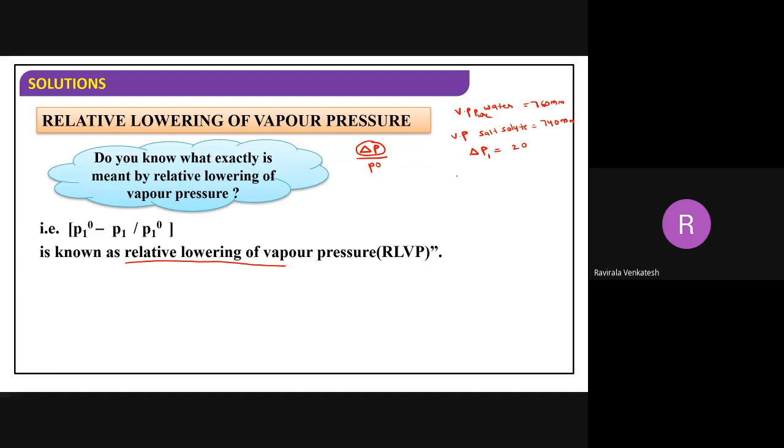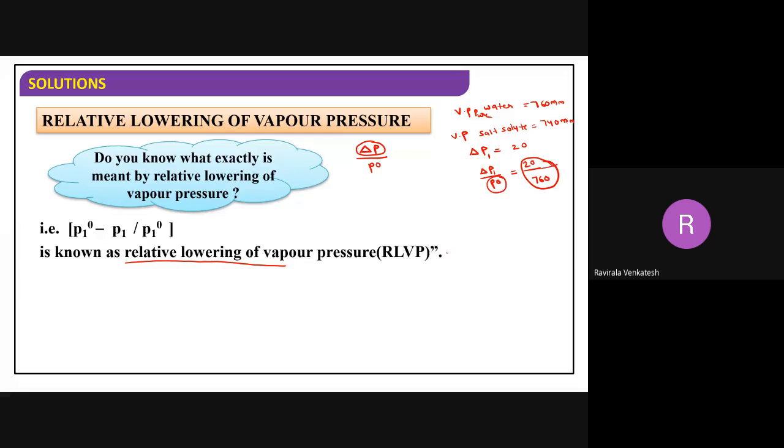Next, what is the relative lowering of vapor pressure? Now divide this by P naught. What is P naught? 20 by 760. This is called the relative lowering, because we are relating this 20 to the pure solvent vapor pressure, so just divide by P naught.